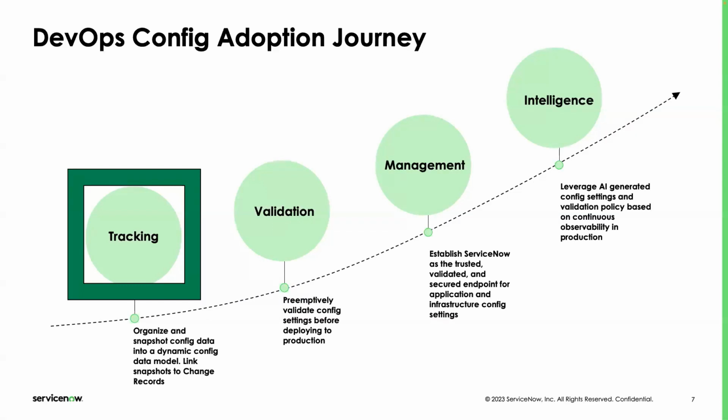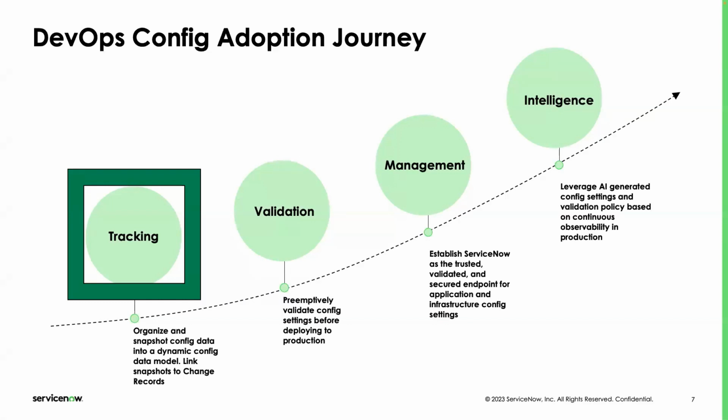What I mean by tracking is we capture the changes to the config settings, and often these are going to be in a YAML file or a JSON file or an XML file. That file is going to be part of your Git repo, and you'll have pipelines running against that repo that build and test the application and eventually deploy it.